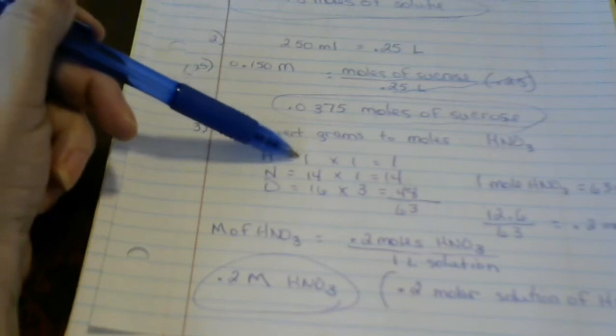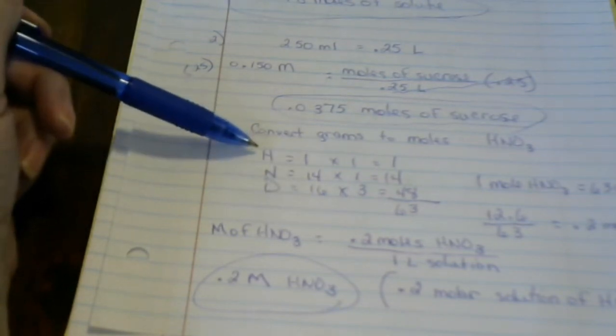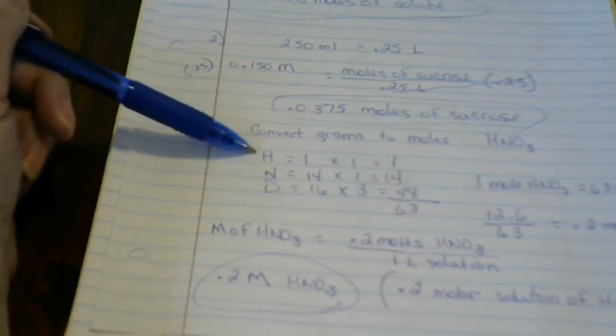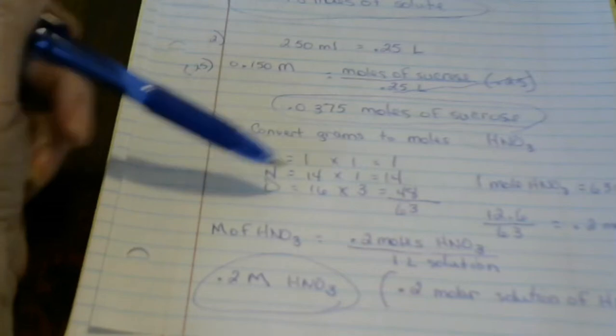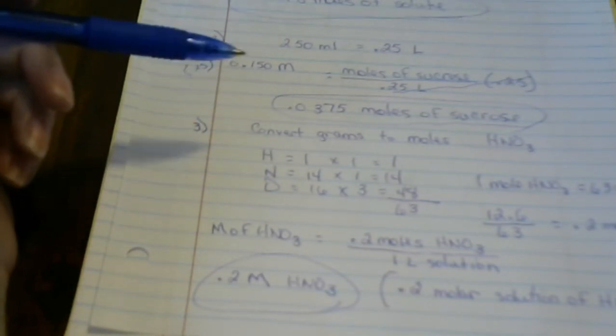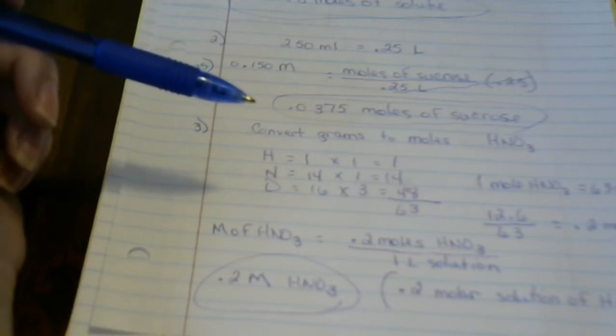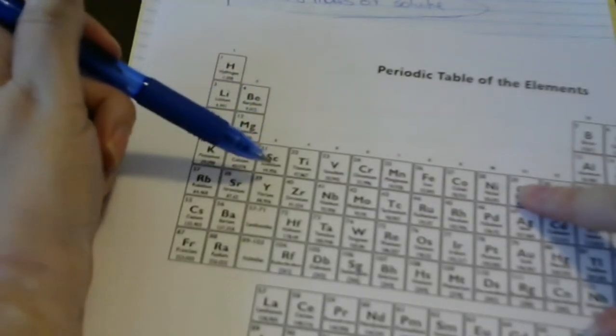We know that the molar mass of hydrogen is 1, nitrogen is 14, and oxygen is 16. Okay, and that is the same thing as your atomic mass on the periodic table.